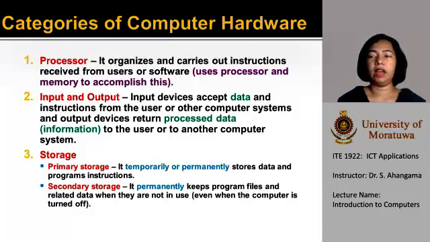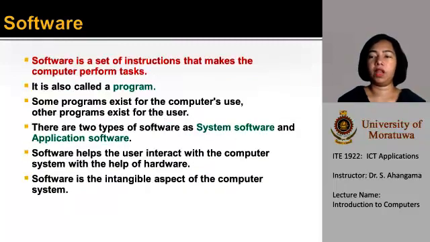We can consider hard disk, cache, CDs, DVDs as examples for storage hardware. Processing devices transform raw data into useful information. To do that, the computer uses the processor and memory.